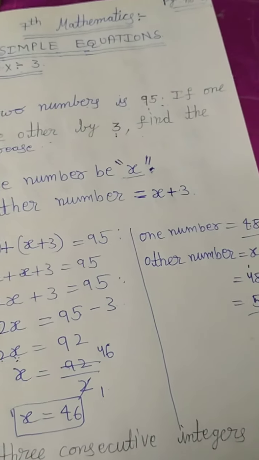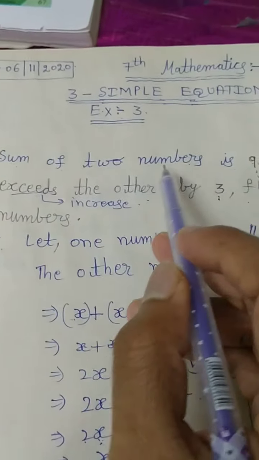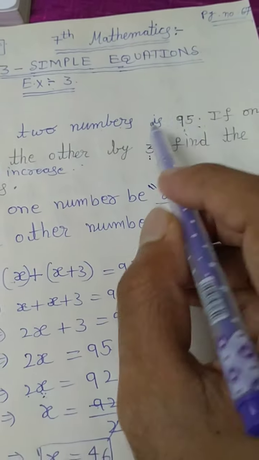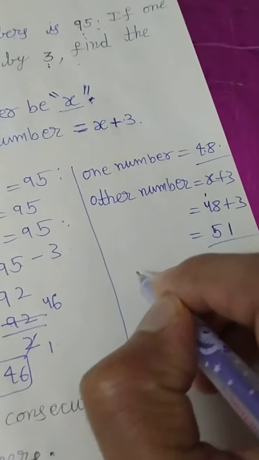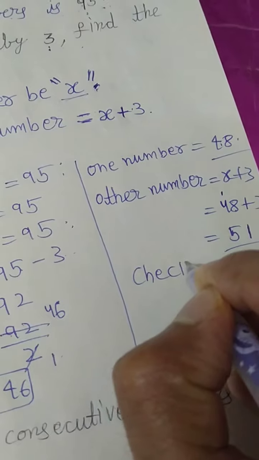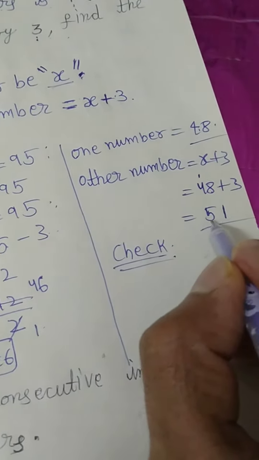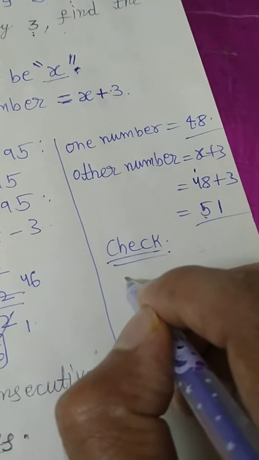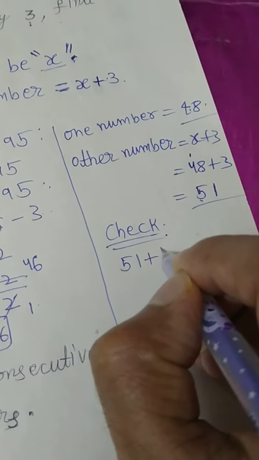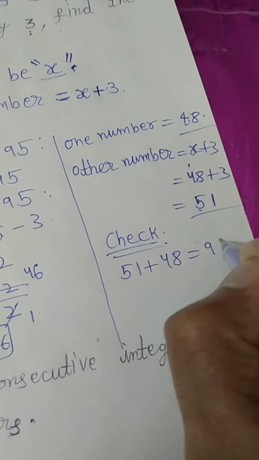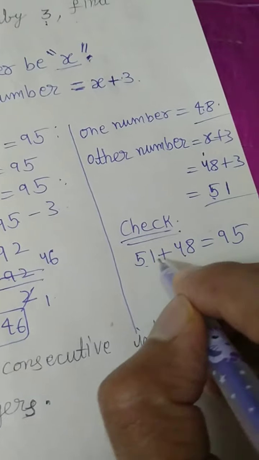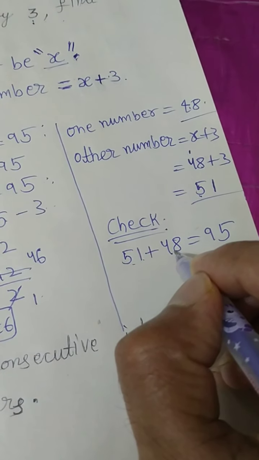Whether the sum of two numbers is 95 or not, we have to check. So in the check method, 51 plus 48 we have to add. It should be 95.